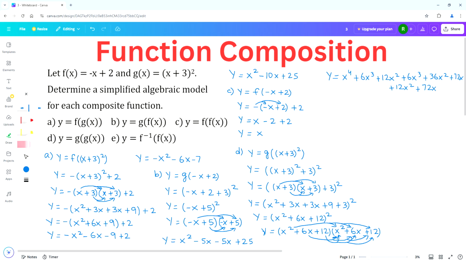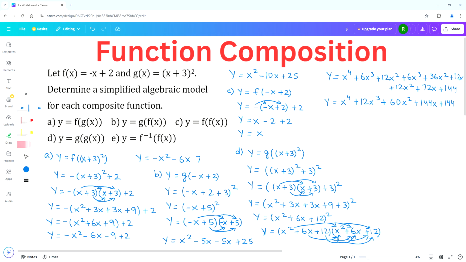And 12 times 12 is 144. Now we can combine the like terms. This should be the final answer for part D.